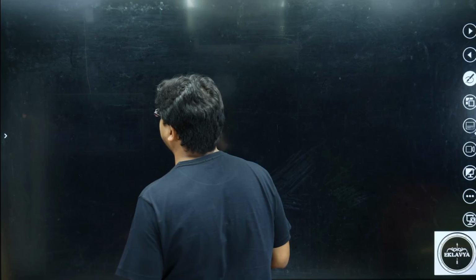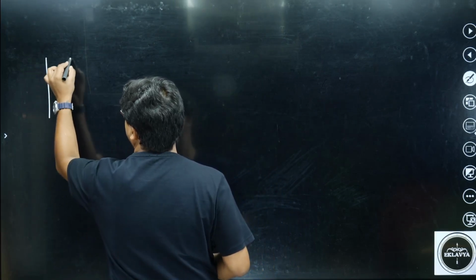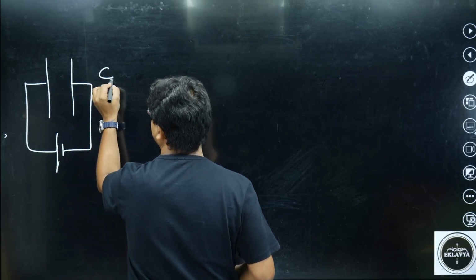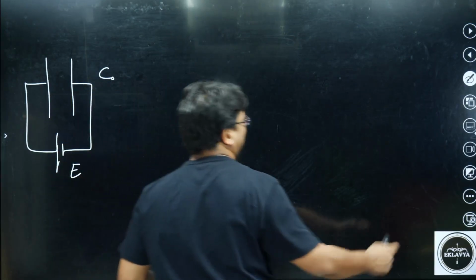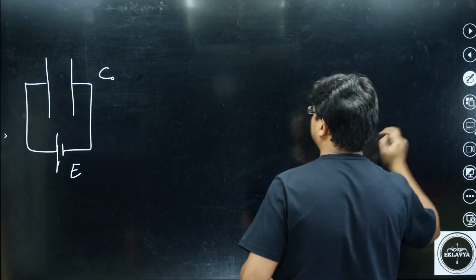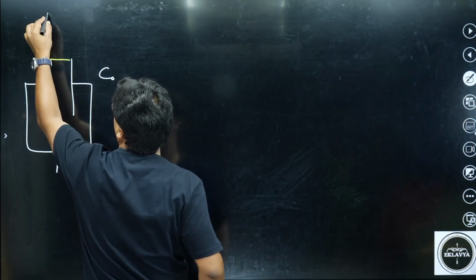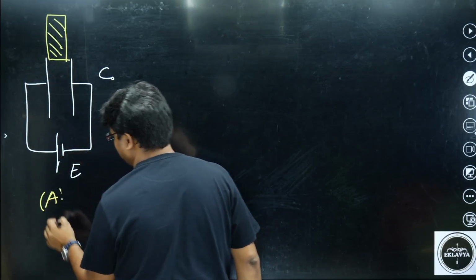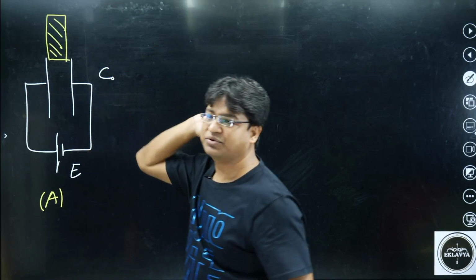This is the capacitor plate. Battery is here. The capacitance is C naught right now. This is E, and this is the capacitor. This is the dielectric slab. This is stage A. We release the slab in this position. There's no gravity.